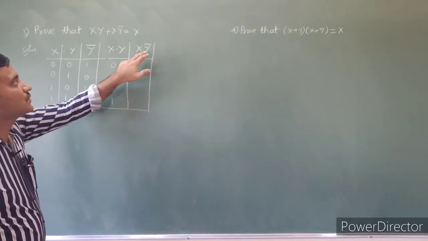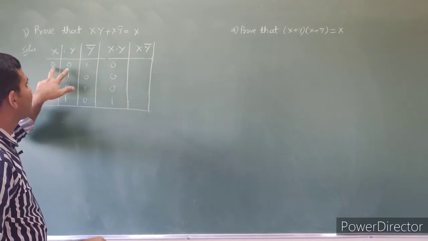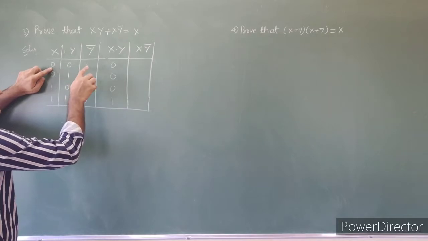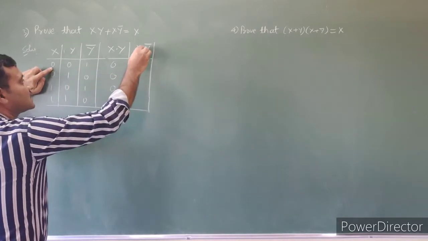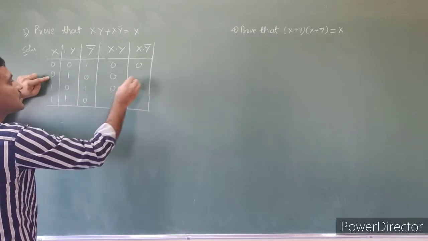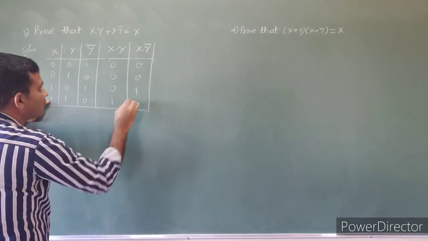To perform x into y bar, observe the column x and y bar, column number 1 and column number 3. So the operation here is AND: 0, 1 results 0, 0, 0, 1, 1, 1, 0, 0.